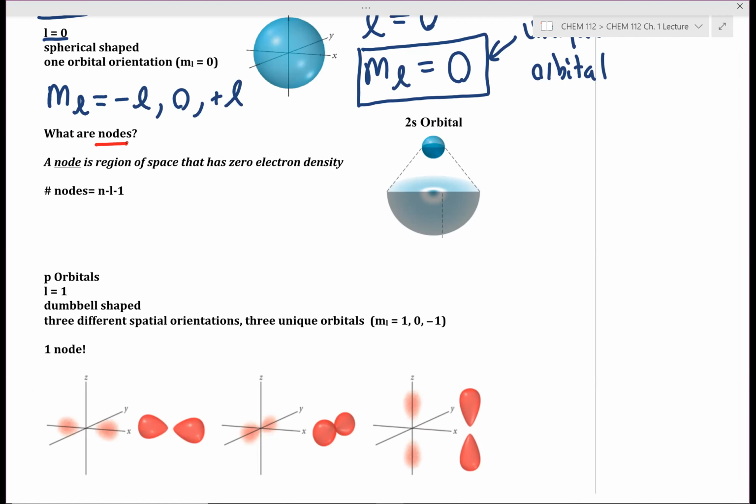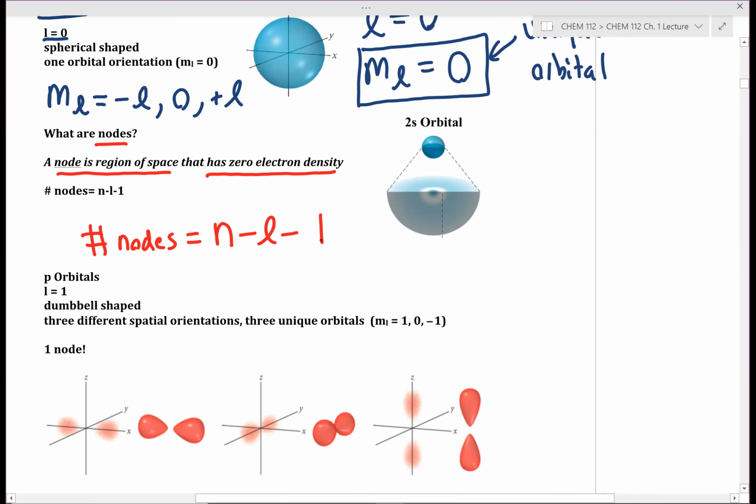So a node is a region of space that has 0 electron density. We can calculate the number of nodes in an orbital. The number of nodes is equal to n minus L minus 1.